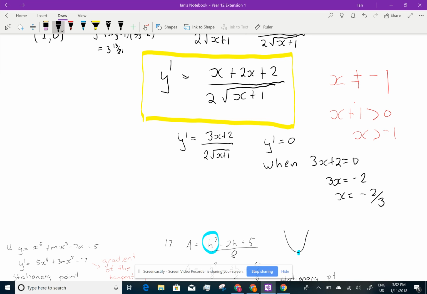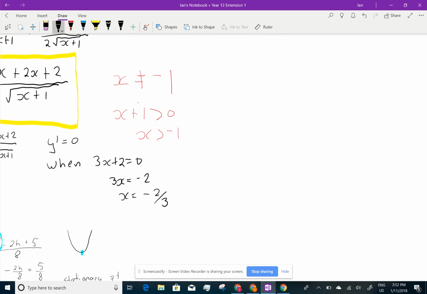Now, is negative 2/3 greater than negative 1? I think it is. And I'm just checking the answers. Negative 2/3. But they also want the y value.